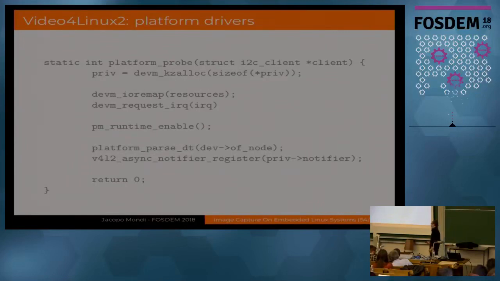Once you do that, you use those phandles to register a notifier that waits for those sensors to be available, to be probed. It's said to be async because there is no guarantee that your platform driver probes before the sensor driver, so they can get confused.